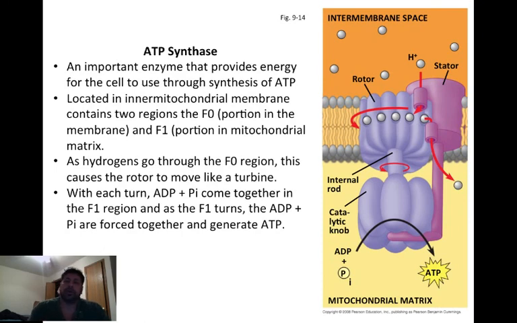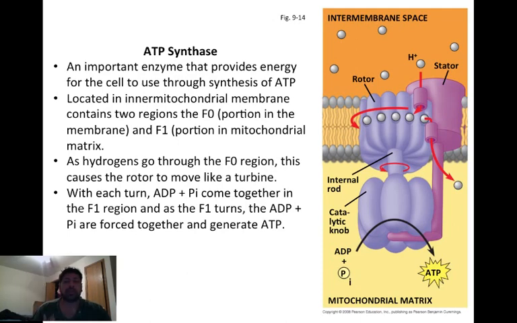So, again, we have a buildup of hydrogen ions from what's going on with the electron transport chain. Remember, every time electrons pass through those complexes of the ETC, we're adding hydrogen ions and building up a high concentration gradient in the intermembrane space.